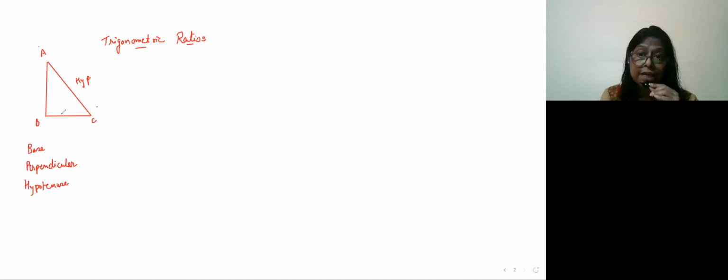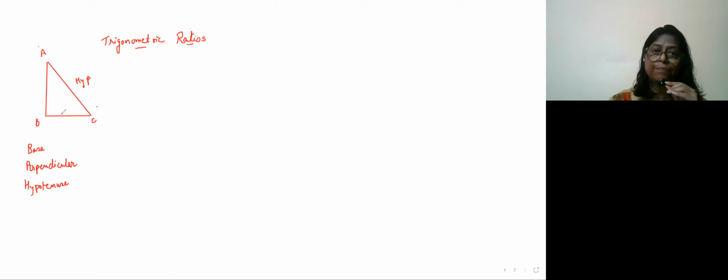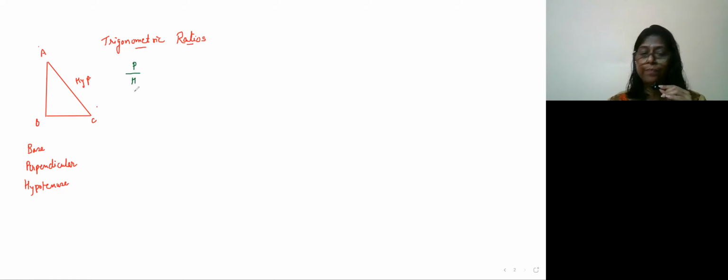Now, what are these ratios? Let us learn first. Let me use some different colors so that it would be easier for us. If I am writing perpendicular upon hypotenuse, this is one ratio. If I am writing base upon hypotenuse, this is another ratio.